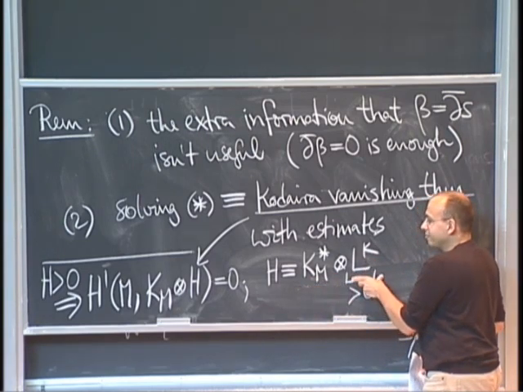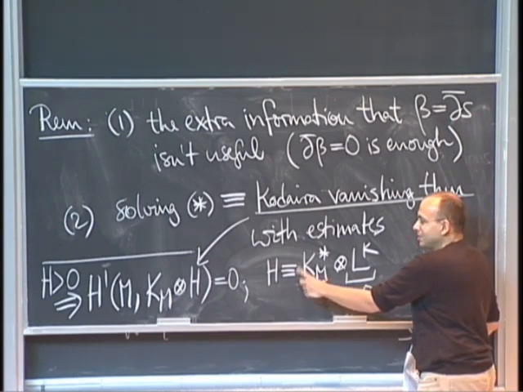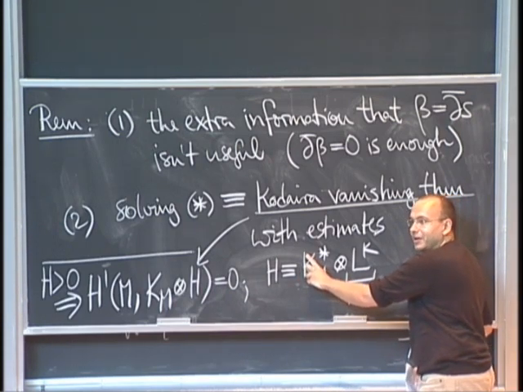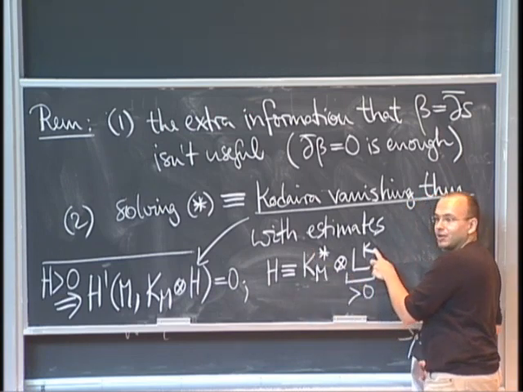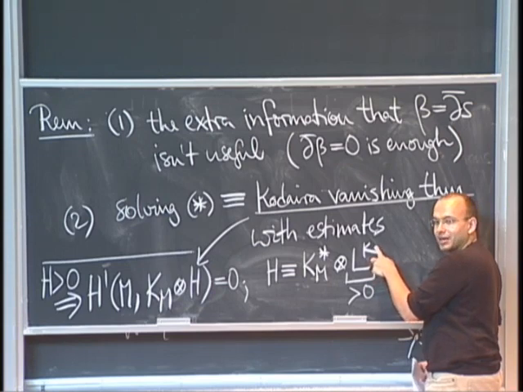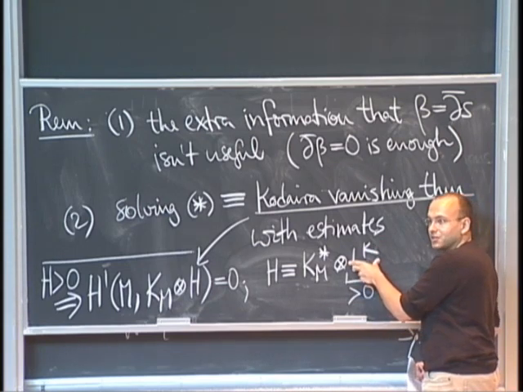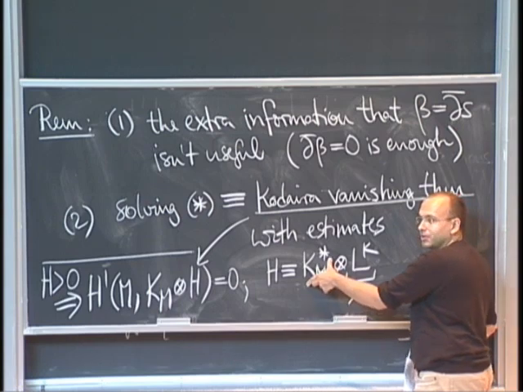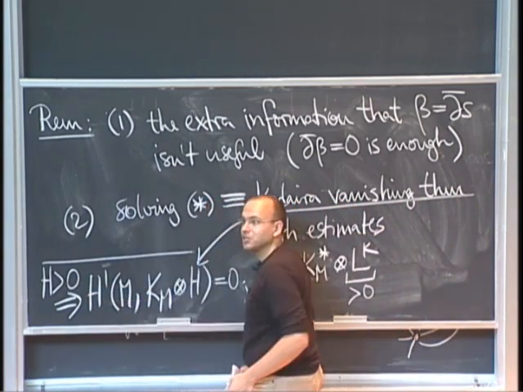So you have positive curvature here, and you're adding on some negative curvature there. But the amount of possible negative curvature here is fixed, and here it gets multiplied by k. So by making k large enough, you put so much positive curvature on this factor that it's going to swamp all the possible negative curvature from this factor, and then H is going to be an ample line bundle, and then Kodaira vanishing applies.